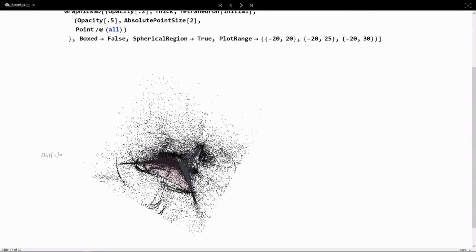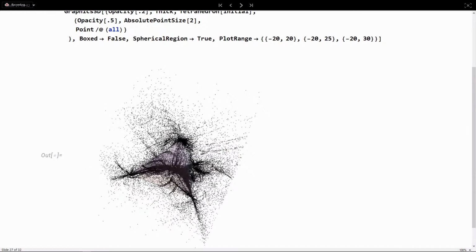I'm generating a movie that will have a nice clean rotation of this, and that'll be posted in the community center sometime soon at the header of this talk. That will show this tetrahedron spinning smoothly with all the generated points.